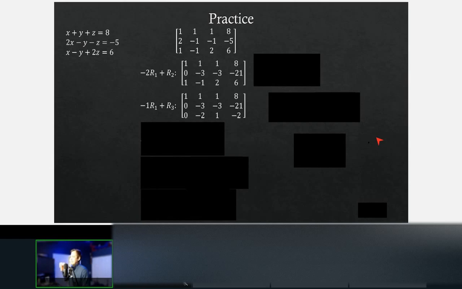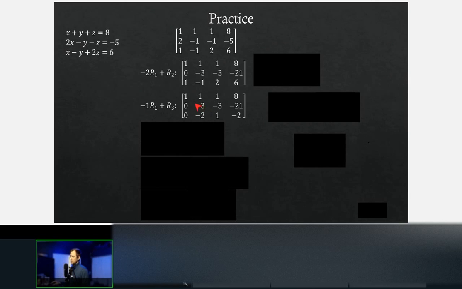Well, you just can't add 2 to our entire row. That's not a valid operation. Remember, you can swap rows, multiply by a scalar, or combine two rows together. So row 3 minus row 2. Remember, we changed the second one.